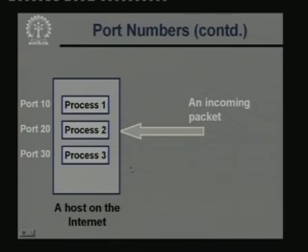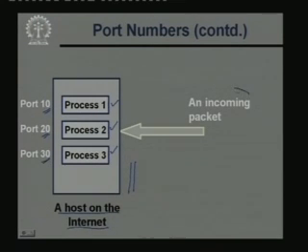Let us look at this diagram to illustrate. Suppose this box indicates a host on the internet. This is a computer, and inside this host there are three processes, process 1, process 2 and process 3, which are executing. Suppose we assign port numbers 10, 20 and 30 respectively to these processes.